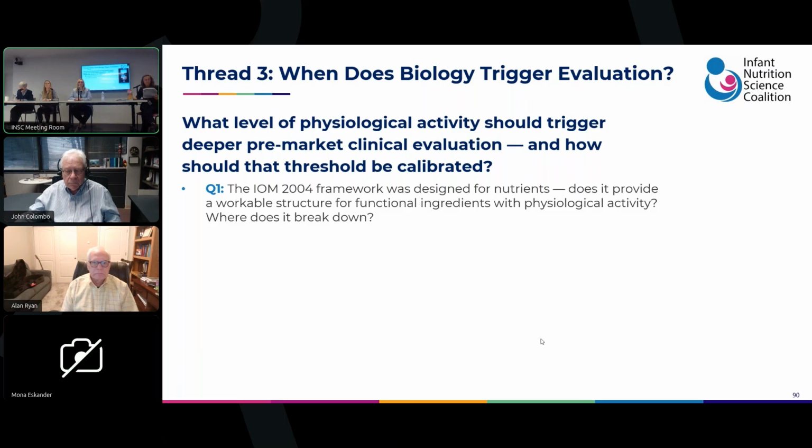I was going to quickly add, and this is something that is maybe a next step, on some of those more specific developmental outcomes like immune or neurocognitive or gut, there's a more sharpened panel with those expertise to define what exactly would be the right model or endpoint.